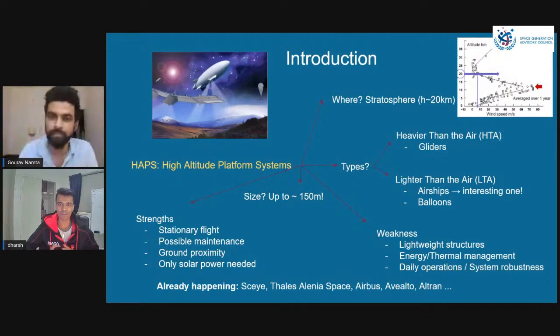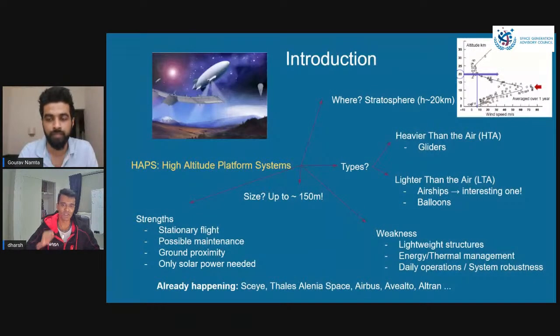You're probably wondering why we would even consider this. Well, the fact that it's in our atmosphere means it's more stationary in location, but we have a lot more control as to where it can go. Whereas a satellite goes in orbit, the HAPS itself is a lot more controllable. Given that it is within the atmosphere, the proximity to the ground is much closer, which means better accuracy in terms of what it's imaging, and lower latency, so you're beaming the data back in almost real time.